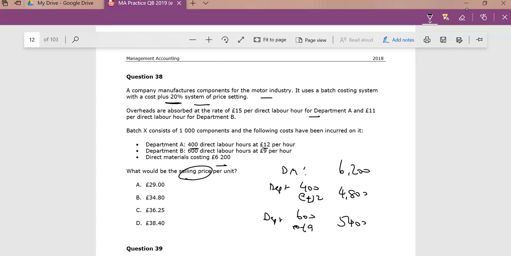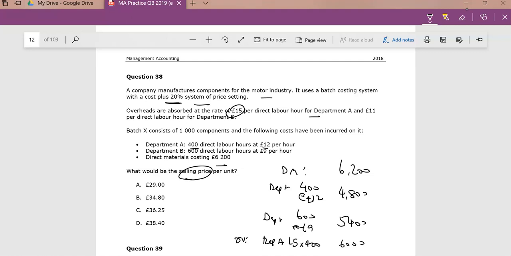And then we now need to add in this overhead business. We're told that in department A, we absorb at £15 per labor hour. So overheads for department A are 15 times 400, which is 6,000.